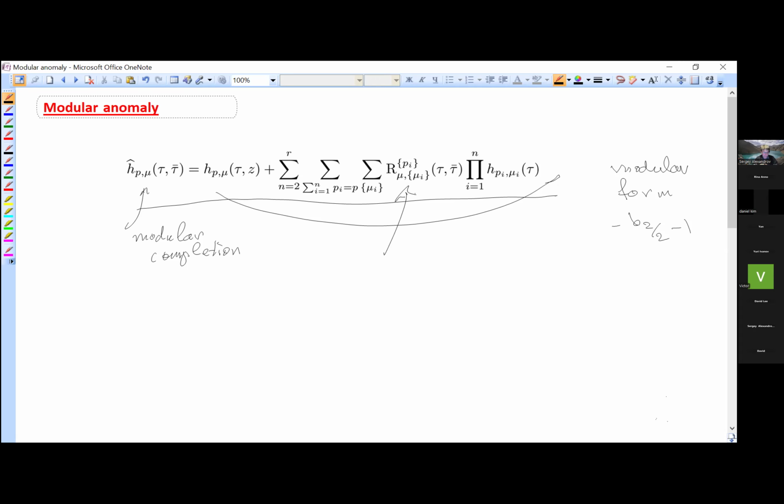They are linearly ordered. But your main thing is this modular anomaly equation. Suppose that you can solve it completely, like you know all the coefficients. What does it tell us about DT invariants? Well, you can solve it up to certain ambiguity.